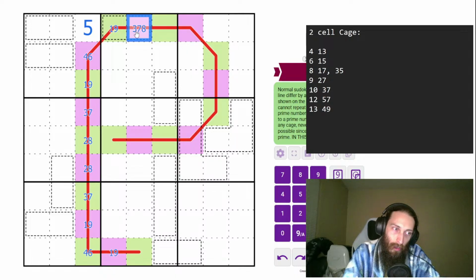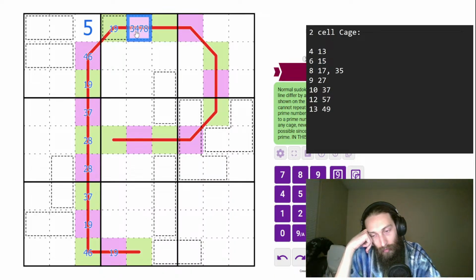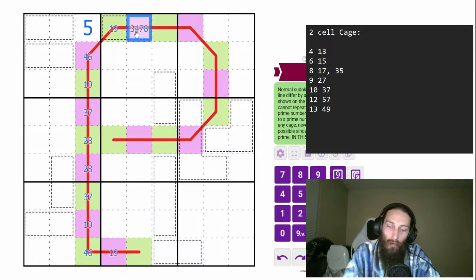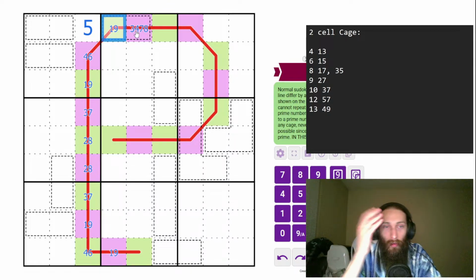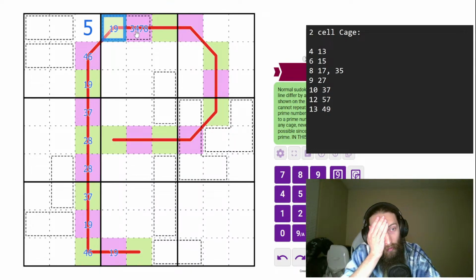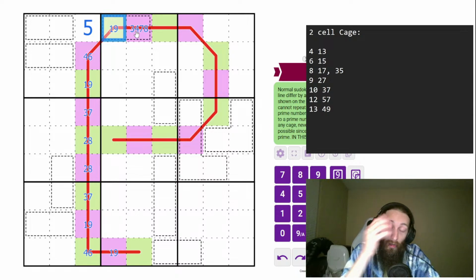6 would be 15, and therefore not allowed. Okay. 4 would be 13, and 2 would be 11, but 2 is prime. So those are our only options there. Now, if it was a 9, I couldn't pair it with an 8.